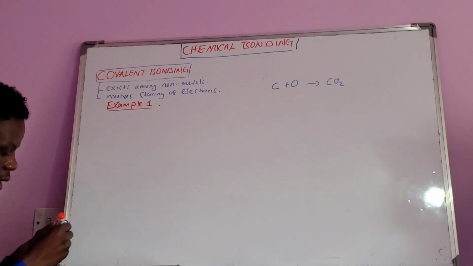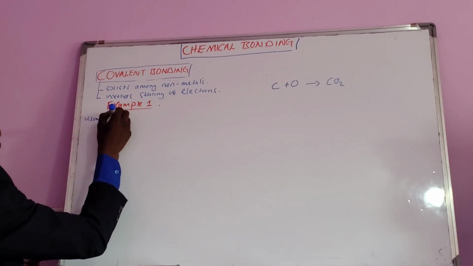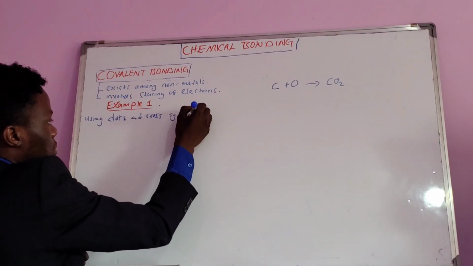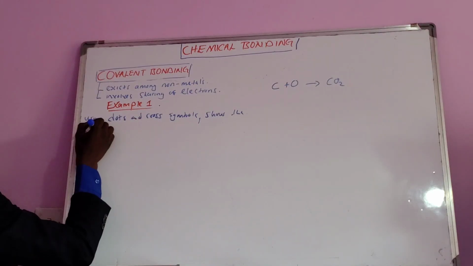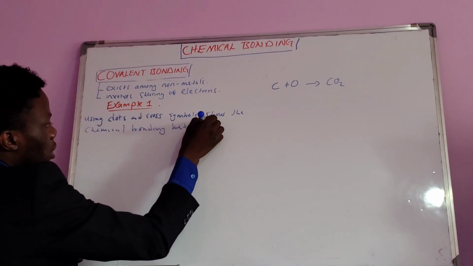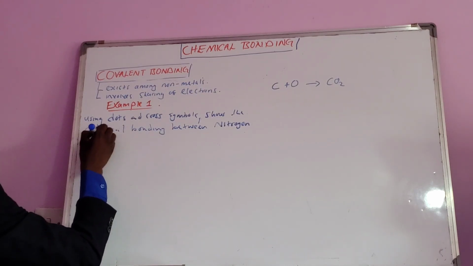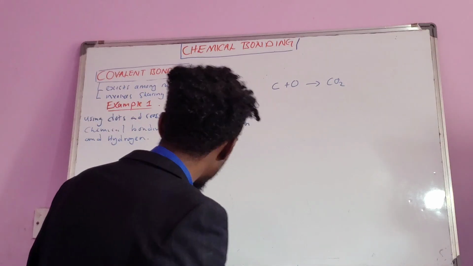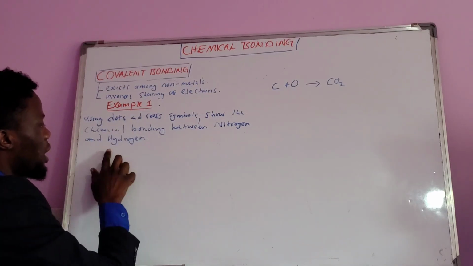The question reads: using dots and cross symbols, show the chemical bonding between nitrogen and hydrogen. This is the first good example that we're going to look at.